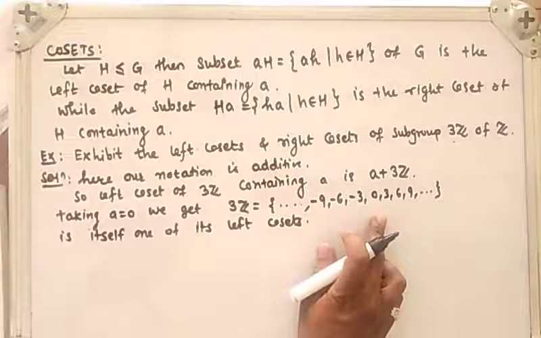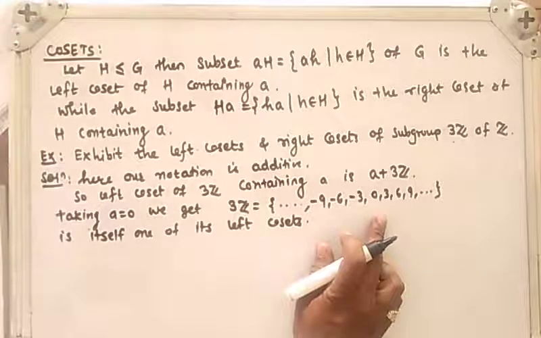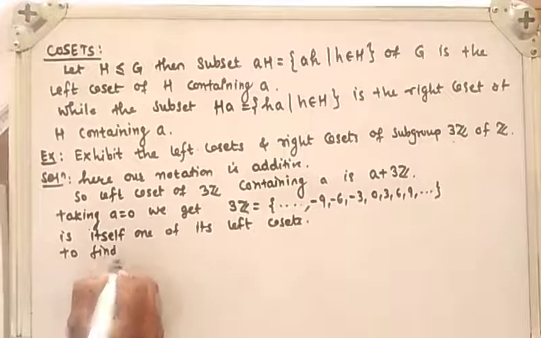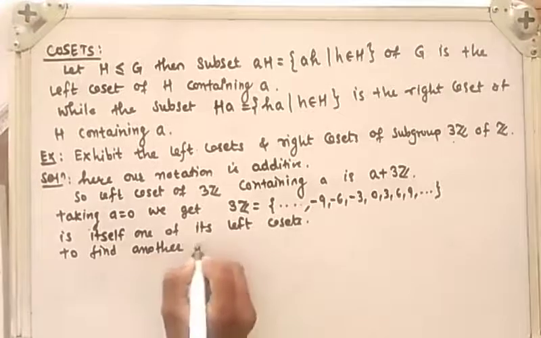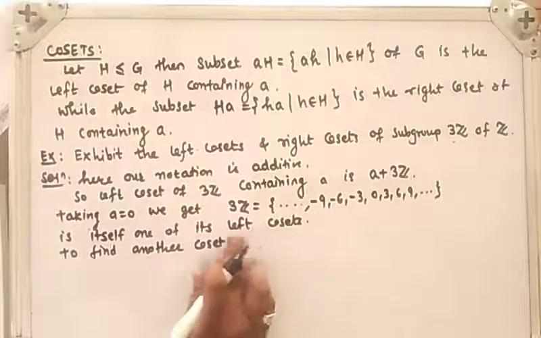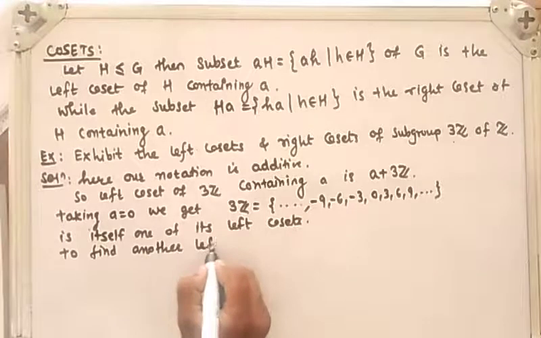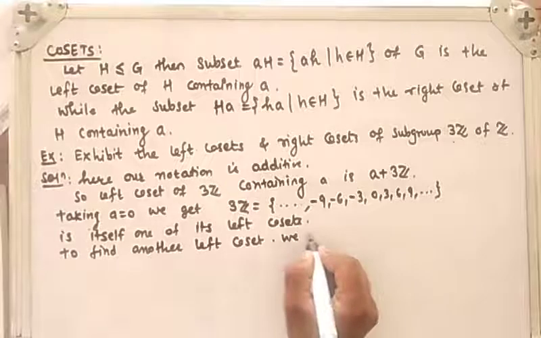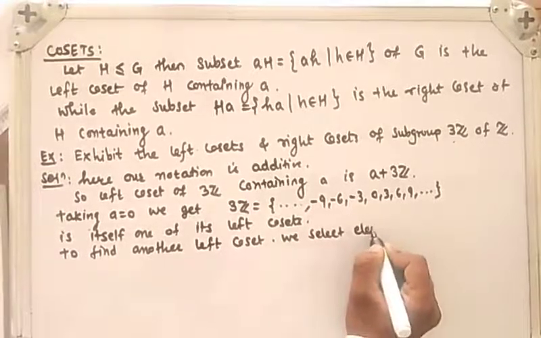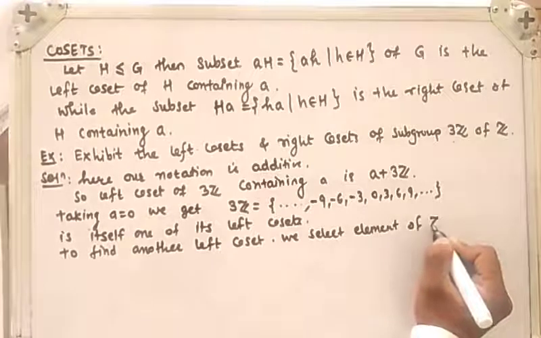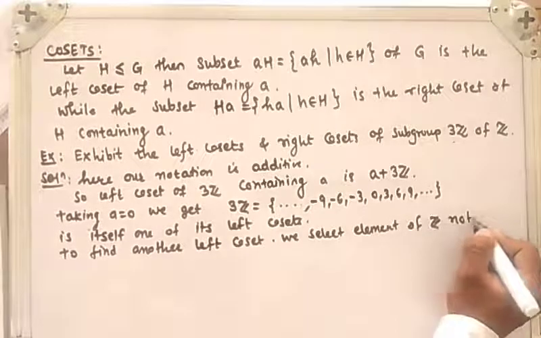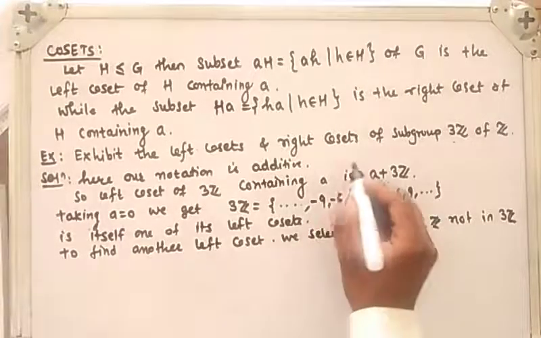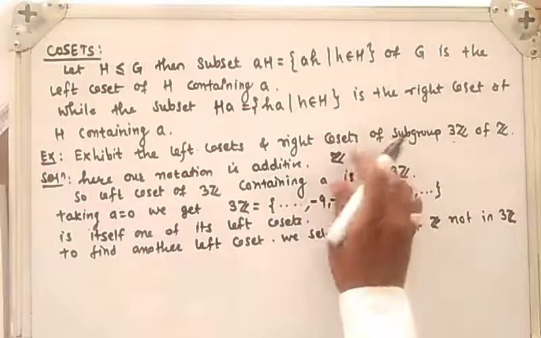Now to find another left coset, we select an element of Z not in 3Z. So what is Z?